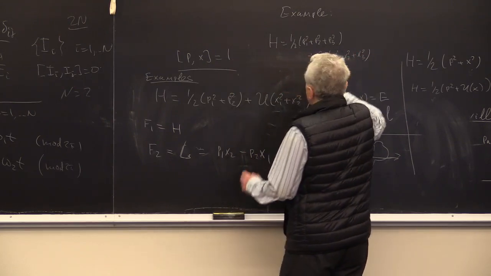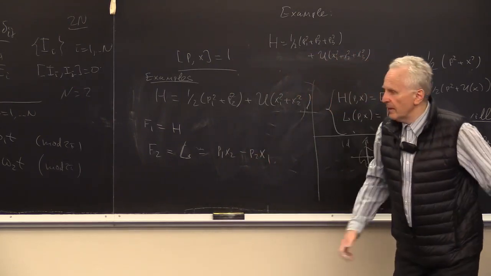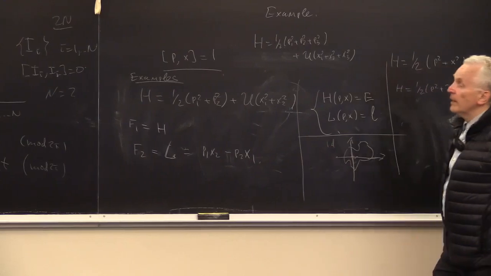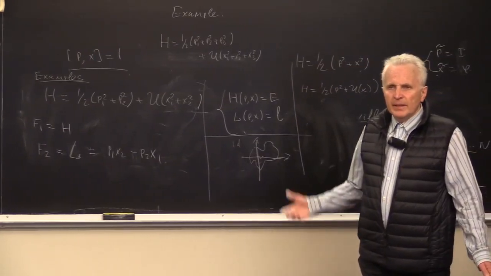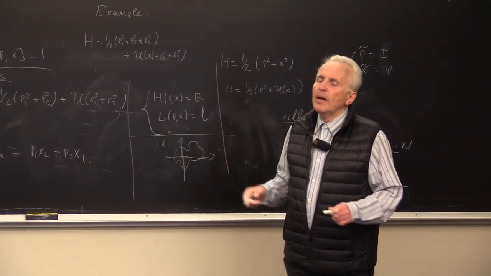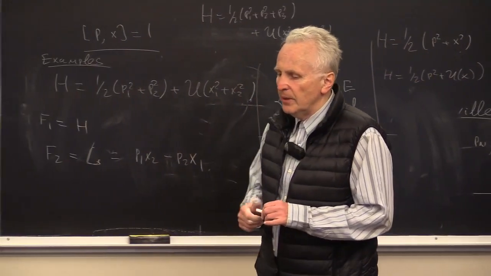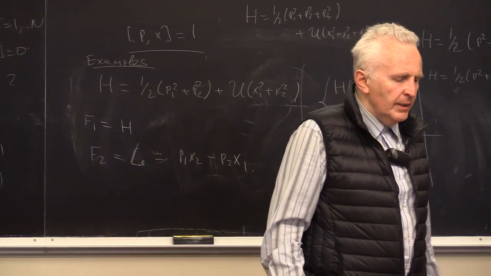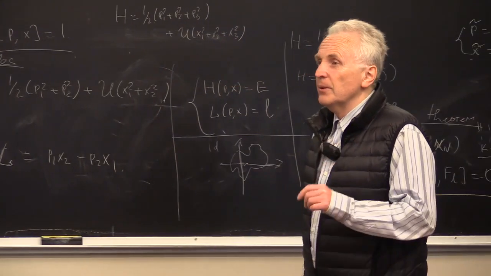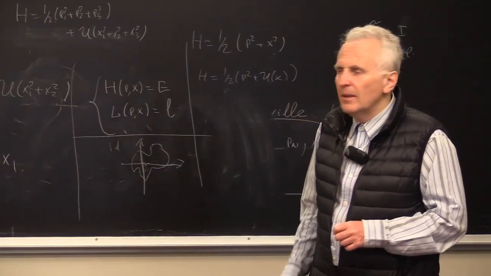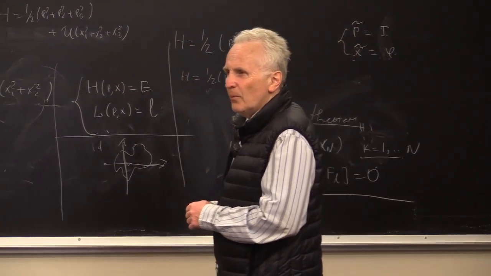Here things are slightly less trivial than in two dimensions. I claim that this system is also completely integrable. That is, it has 3 commuting integrals of motion. And I want you to try to figure out what they are.